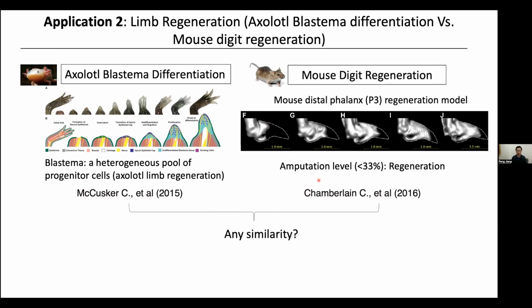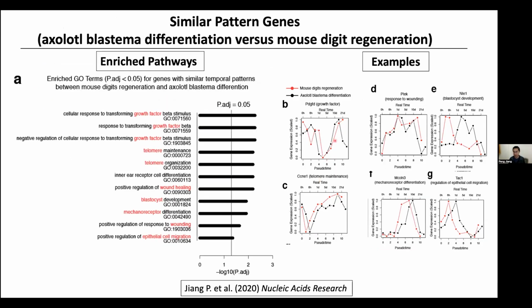We generated both the axolotl blastema differentiation time course gene expression data and the mouse digit RNA sequencing time course data, then compared them together. Here are examples. There are many genes, like PDGF, which is a growth factor.